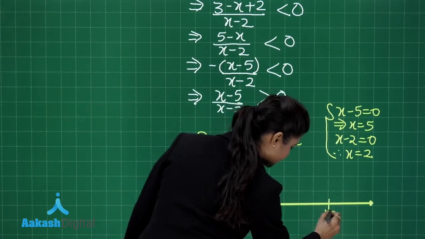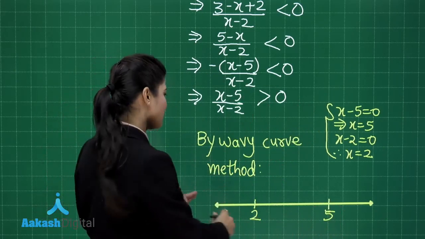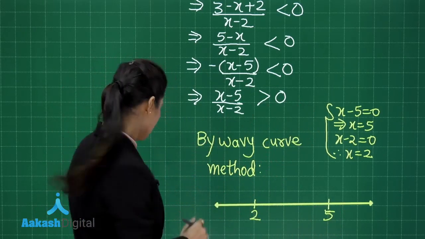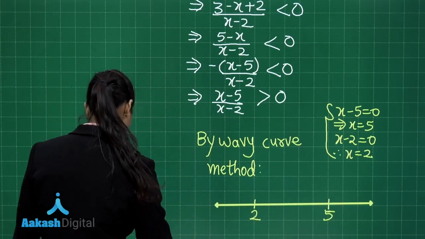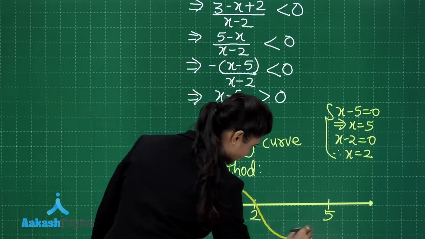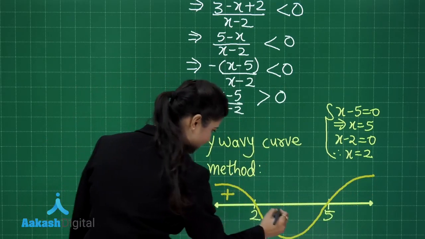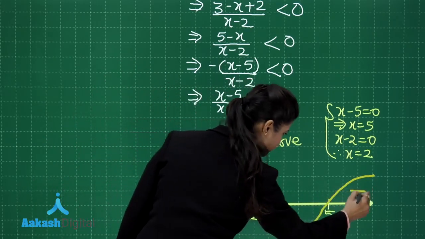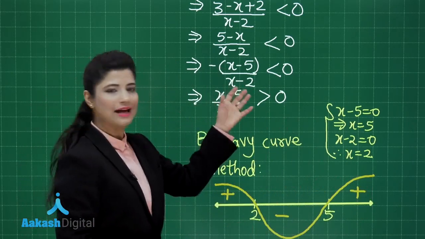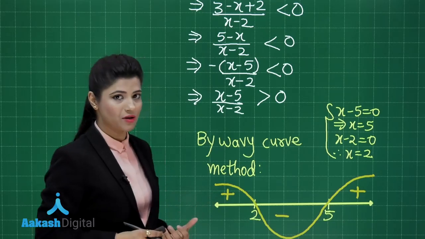If you follow the wavy curve method, on alternating ranges, I will be putting positive, negative and positive signs. So following the wavy curve method, here you go, positive to negative, negative to positive. So here we have positive, then alternating negative, then positive. Now according to this fraction here, this quantity has to be greater than 0, where the positive values lie for this rational function.